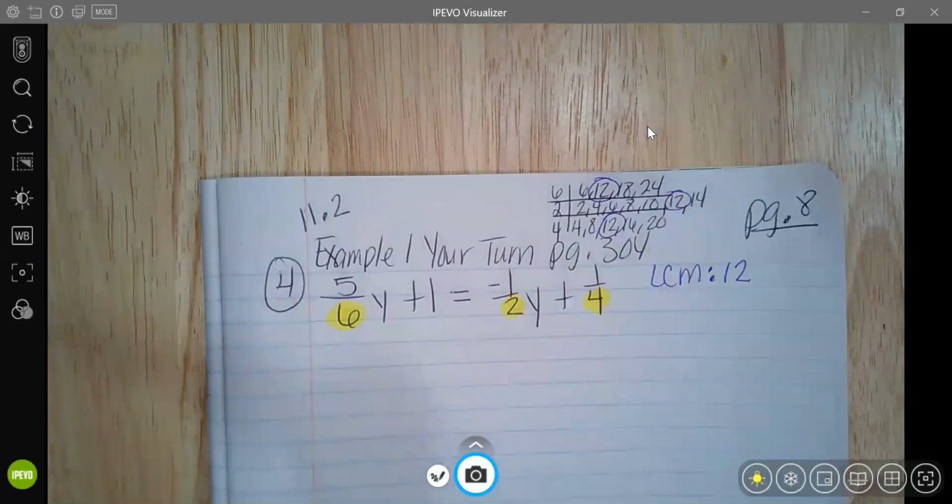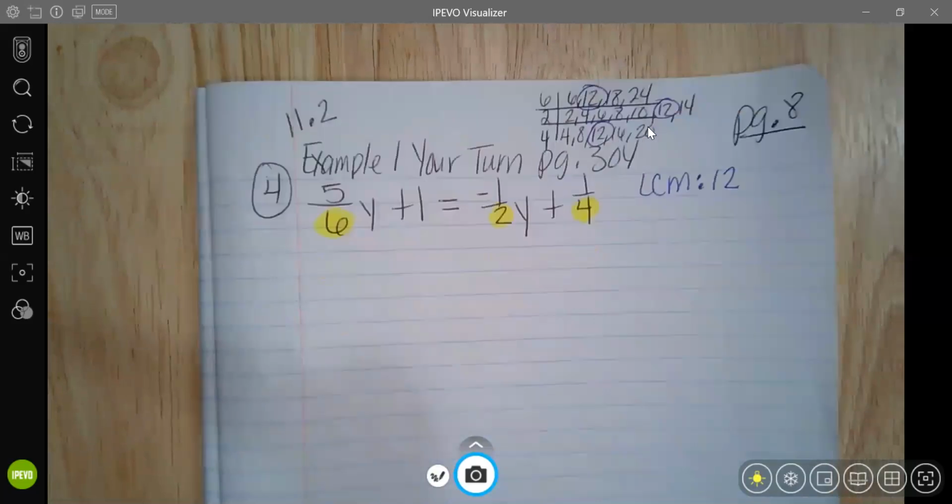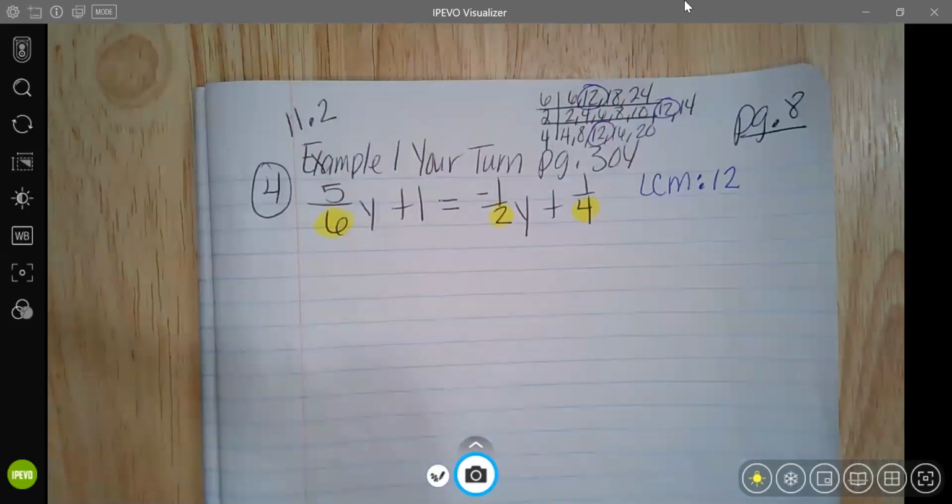Just like we've been working with fractions, I'm going to take each term and multiply it by the LCM just to eliminate, get rid of, the fractions.